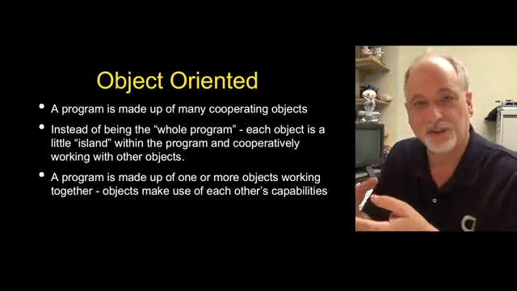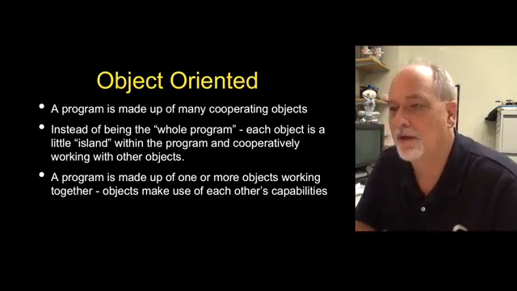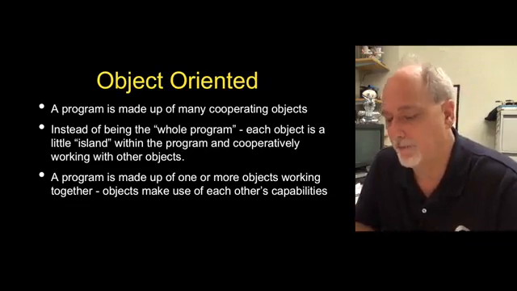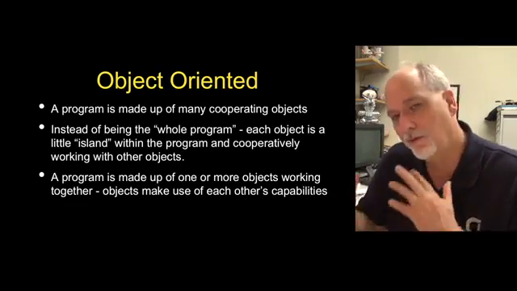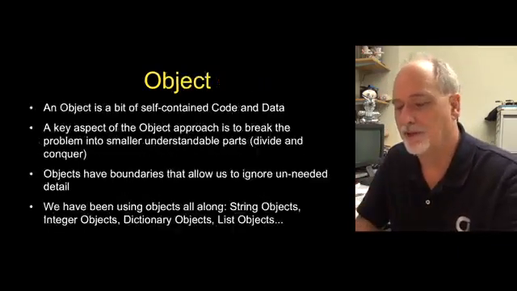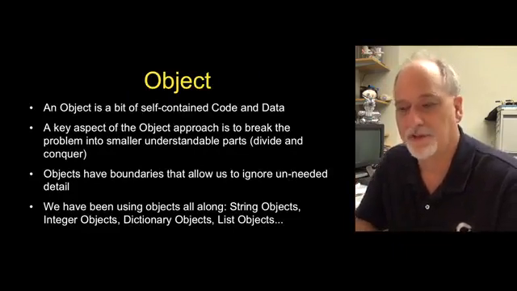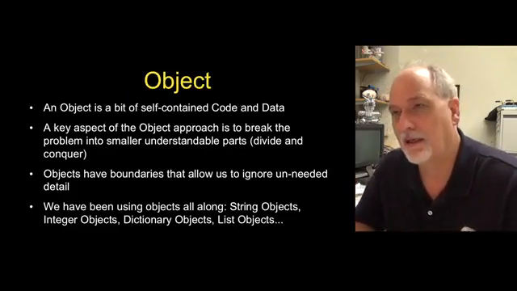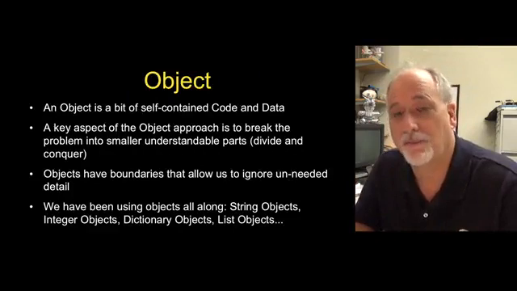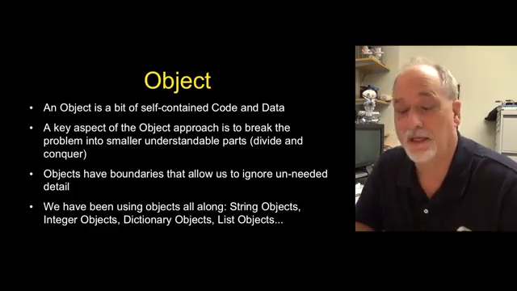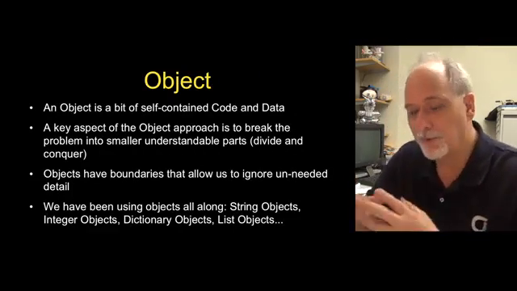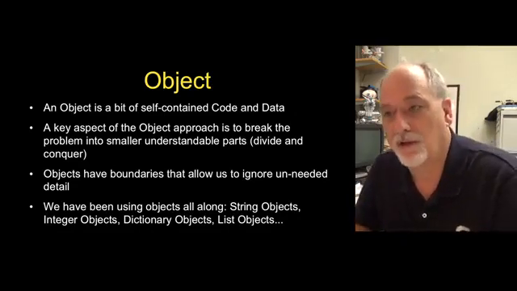It's sort of its own little space inside of a program that contains code and data. And so all these objects are now working together. It's a bit of self-contained code and data. And it is one way to take a very complex problem and make it easier by breaking it into separate things that can be engineered and developed separately.